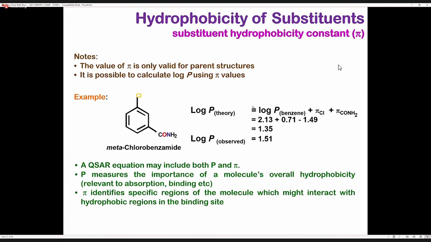But if you use it theoretically, then you have your benzene already reported or in a database, and the value of pi for Cl from the database, and the value of pi for the amide from the database. Then you add them all together, and you get your overall value that you can compare with the experimental one. But here there is a difference, 1.35 versus 1.51.